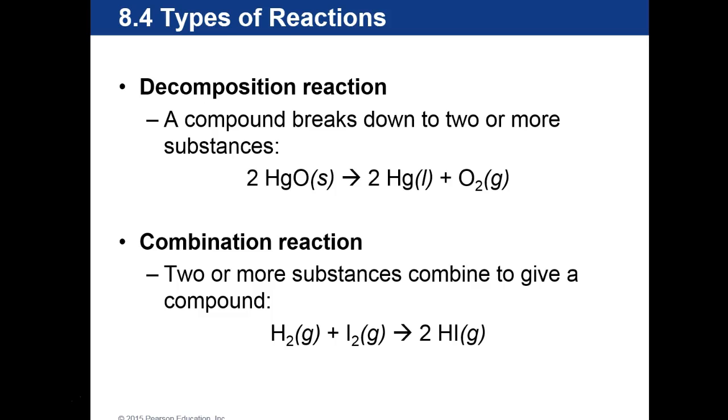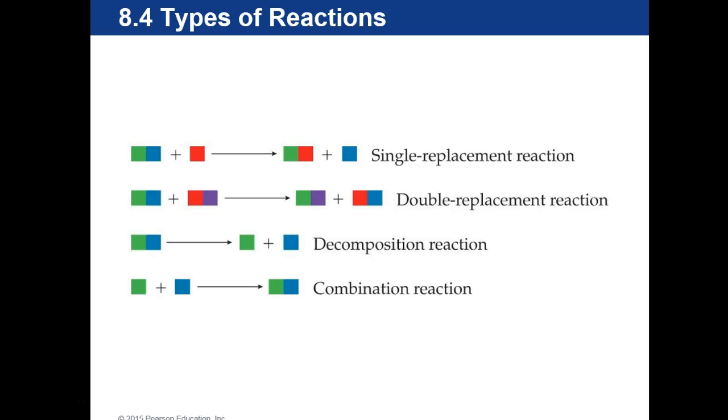So here we got 2HgO being broken apart. So it's decomposing into 2 things. Combination is just the opposite. 2 things combine to make 1. Here's an example that shows it with colors so you can see the actual switching, or the decomposition, or the combining.